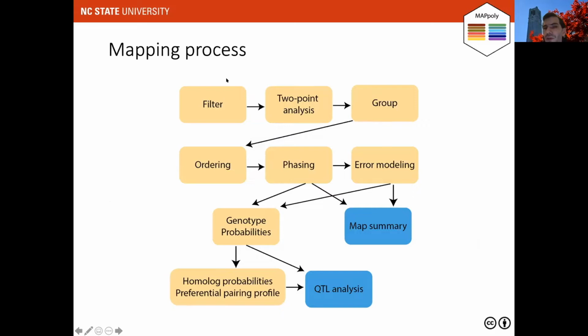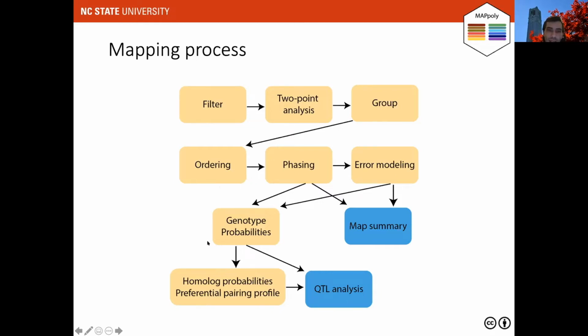This is the mapping process in MAPpoly. It's a little bit different from polymapR, as we will see. We have the filtering process, the two-point analysis, and the grouping, which splits the linkage groups. After that, we order the markers and perform the phasing. We take into account the errors using the hidden Markov model.